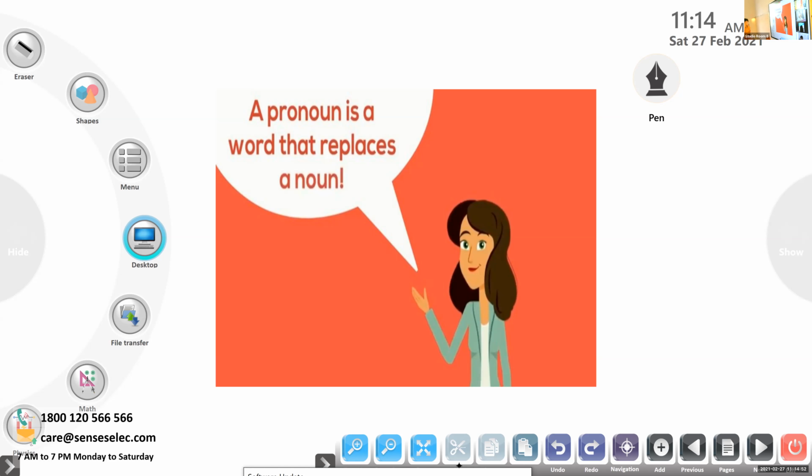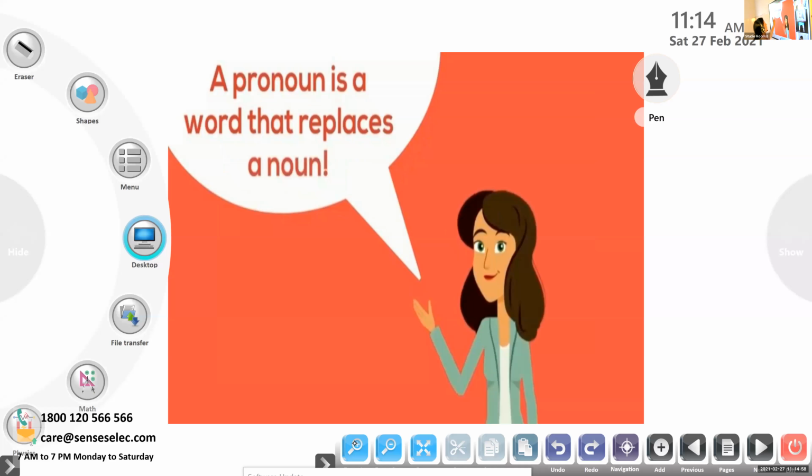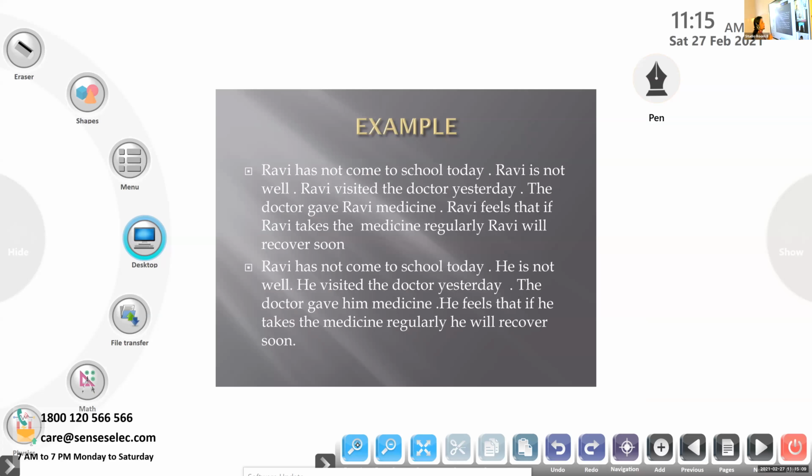When a slide has been displayed, children, I want all of you to go through it and read what has been written there. So, a pronoun is a word that replaces a noun in order to avoid its repetition. Repetition means instead of repeating the same name again and again, we make use of pronouns. Is that clear?